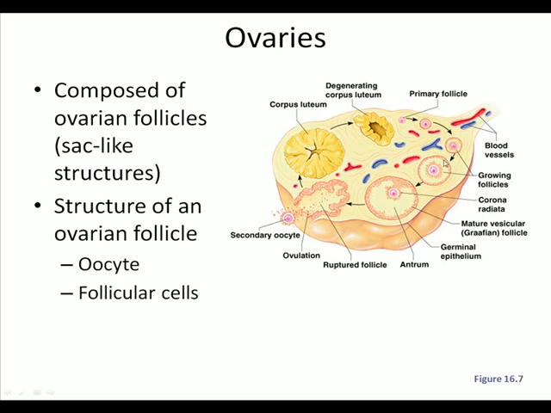They get bigger, and you can see the oocyte, or the egg, is in the middle, and it's surrounded by follicles, which are kind of sac-like structures, cells, really, that form a nutrient sac around the eggs. This continues to get larger until the egg is released or ovulated from the follicle.